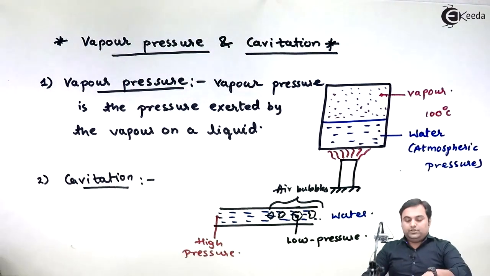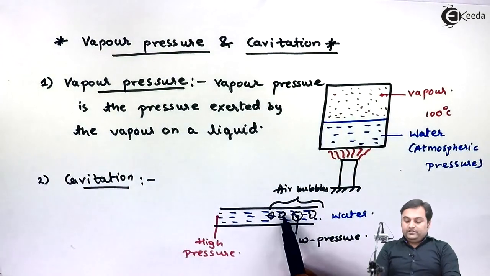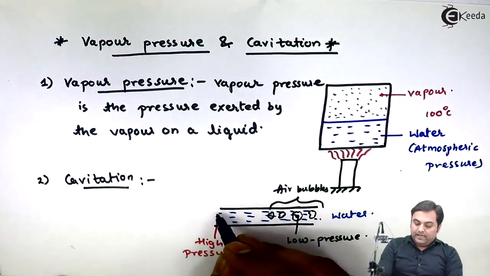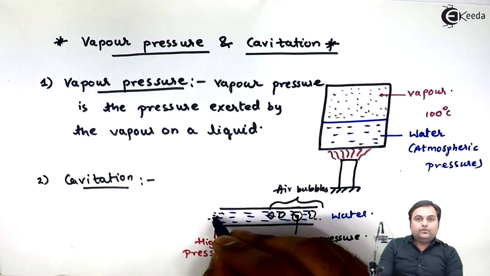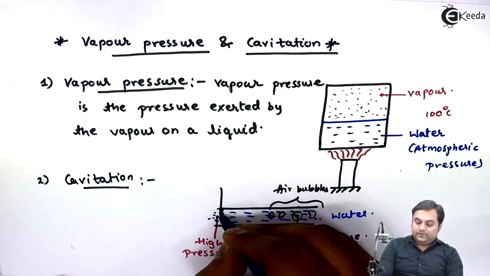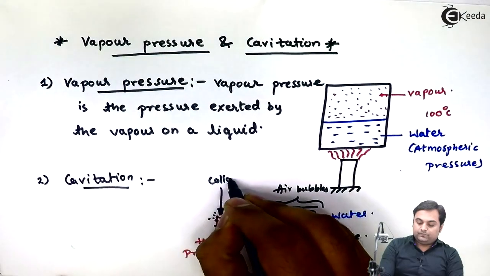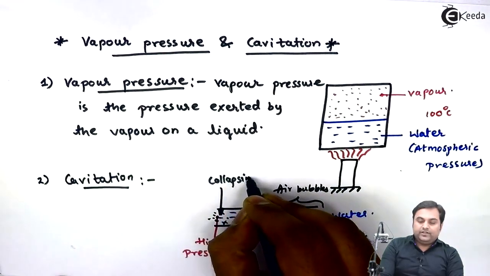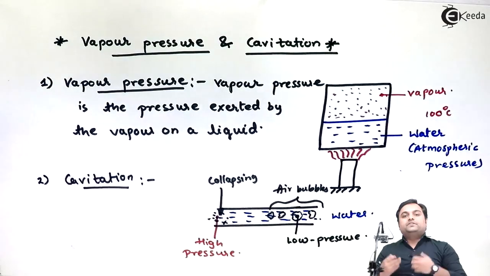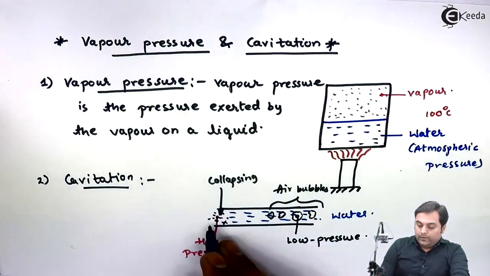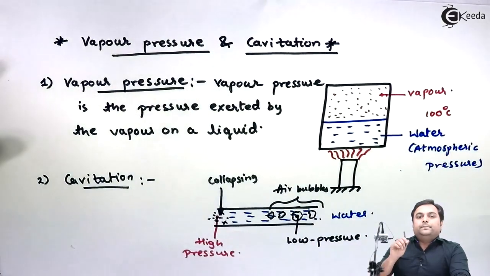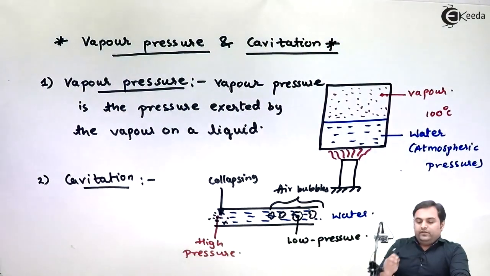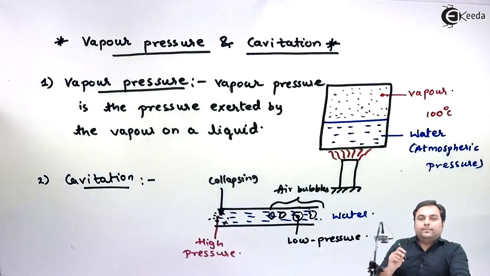So from low pressure to high pressure, when they move, these bubbles would be collapsing at this location, and when the bubbles collapse, there is tremendous rise of pressure. Because of that, the walls of the pipe get pitted. There would be a pitting action on the pipeline.